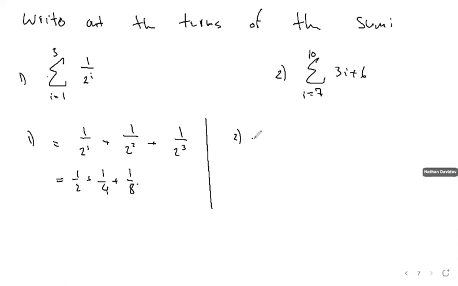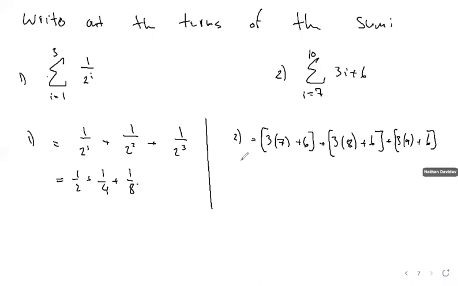And for number 2, you do the same thing, except now you're starting at 7 instead of at 1. So the first term is 3 times 7 plus 6. Then you increment: 3 times 8 plus 6, plus 3 times 9 plus 6, plus 3 times 10 plus 6.